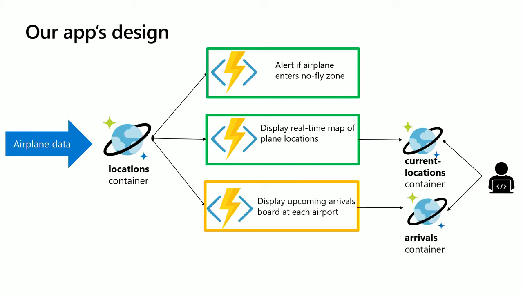So we'll partition on airport for really quick lookups. And same as before, we'll persist this value in the arrivals container. So any web app that needs to access this is going to call into the arrivals container specifically. We can issue ad hoc queries against the locations container. But really, anything we need to access for our upcoming arrivals is going to go right to the arrivals container for 1 RU really quick lookups.